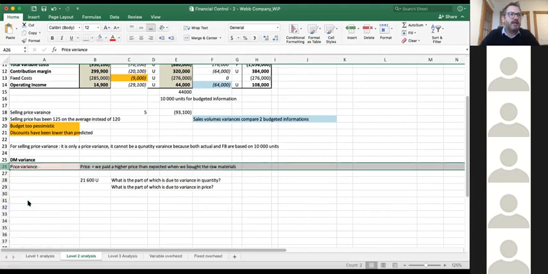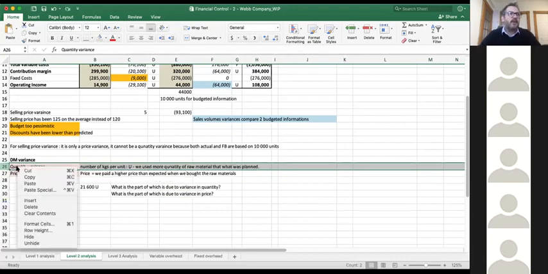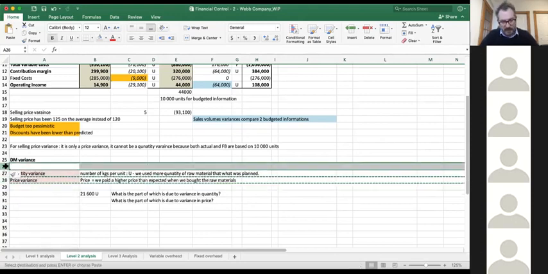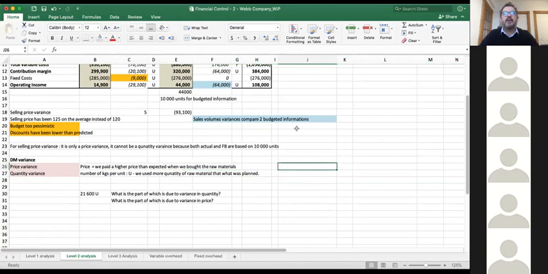Let's say that we go for the price first. So we do actual price minus standard price, times the actual quantity. That's the price variance. This is how you should calculate it.